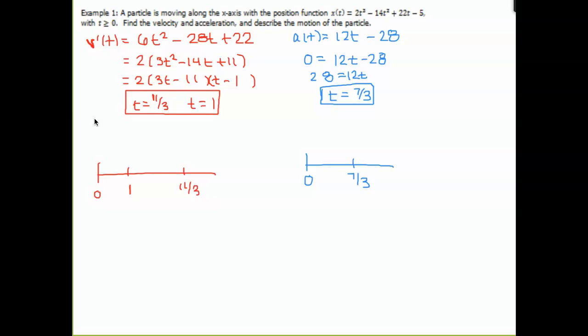Okay. So find your values between 0 and 1, 1 and 11/3, and 11/3 and beyond. And then you also have to find the signs of acceleration between 0 and 7/3 and 7/3 and beyond.